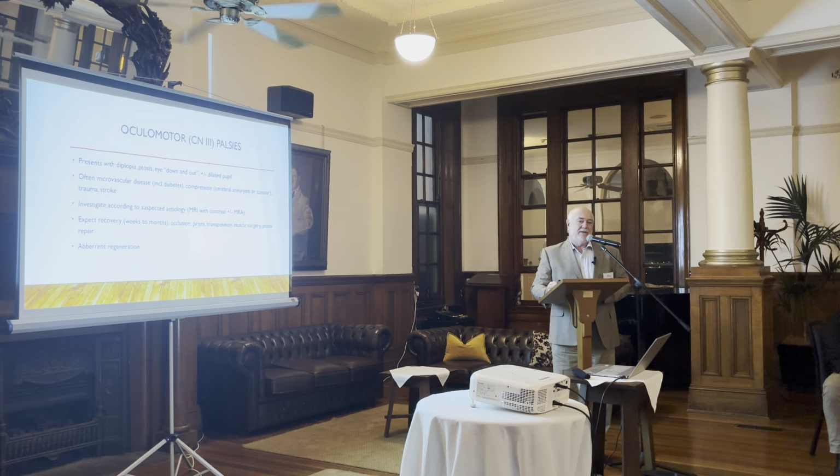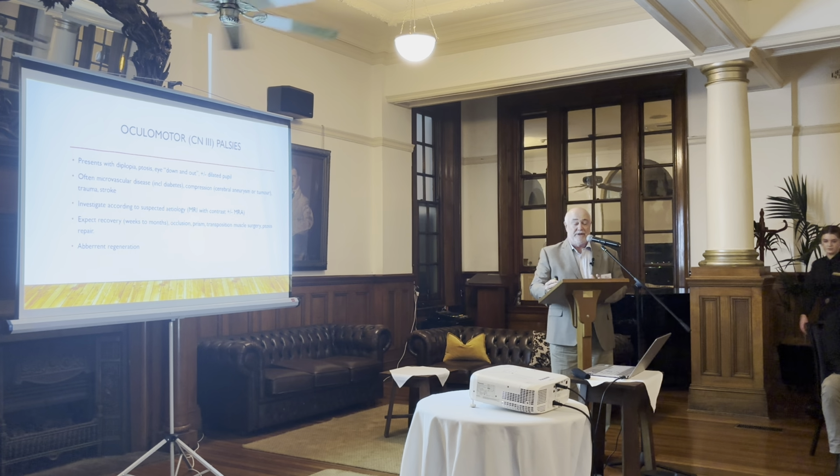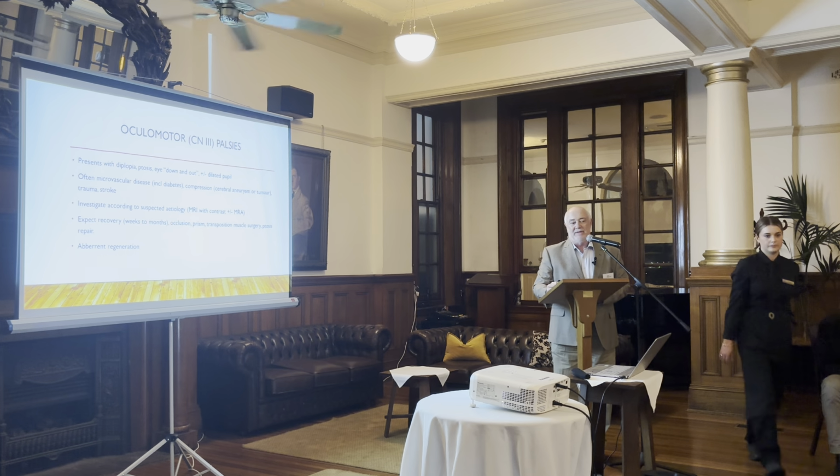And if the recovery is incomplete, then it's possible to have squint surgery to try and improve their alignment. Usually it won't get rid of diplopia entirely, but it can move their field of binocular single vision into a position where it's more practical or more useful.